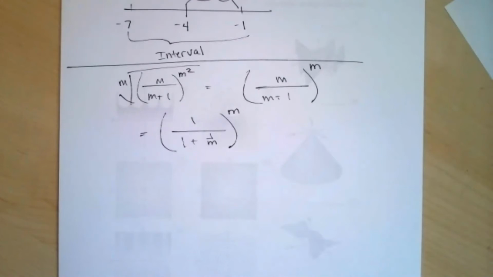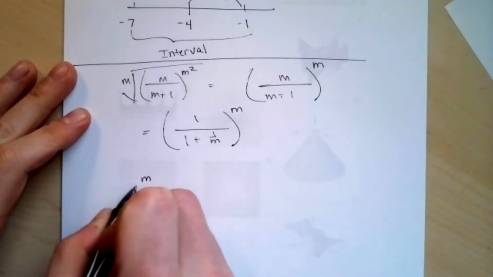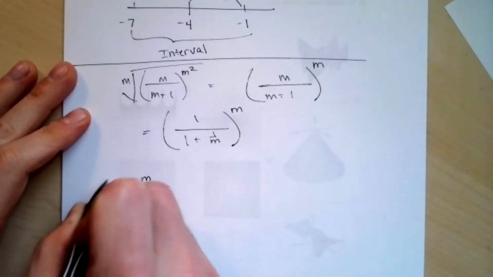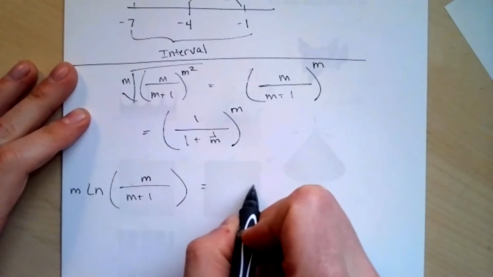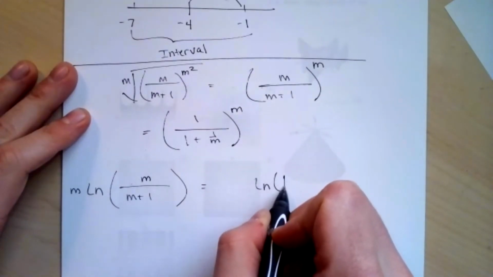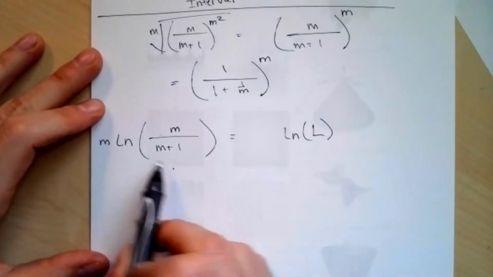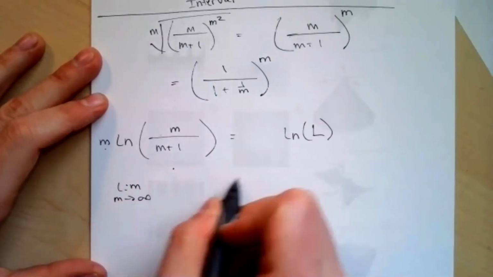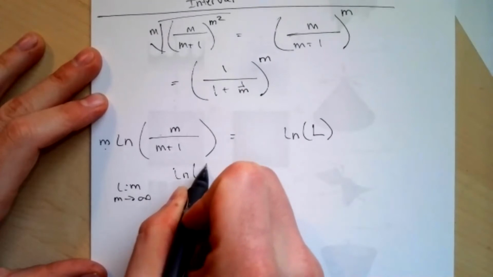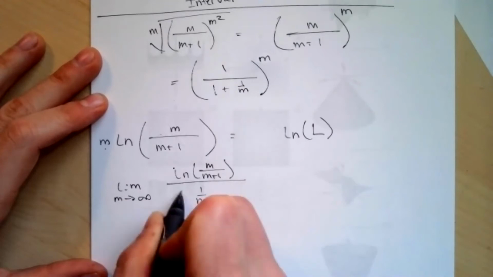So then you've got to compute this limit, which you probably have to do your finagling. Let's keep it as m over m plus 1. We'll take a natural log so we can pull down that m. We've got to remember to undo that natural log. Then we want to compute the limit as m goes to infinity of natural log of m over m plus 1, over 1 over m.